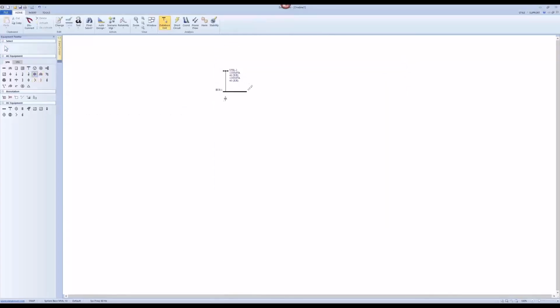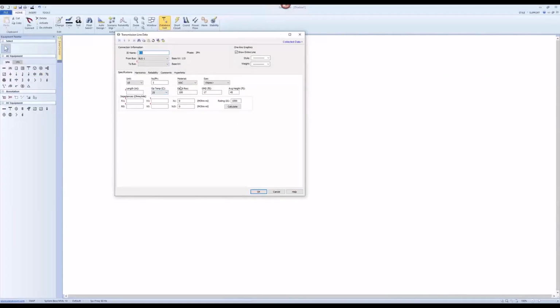Now the next step is to add a transformer. Before we add a transformer, let's add the generation interconnection line. Some people call that the gen tie line. So let's put a transmission line here. Here is my transmission line. And then the length might be very small.